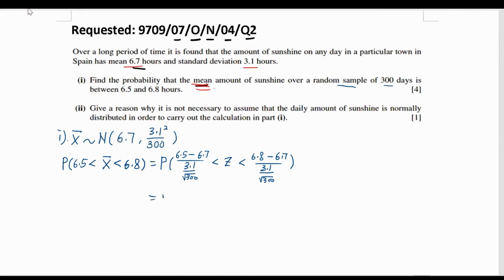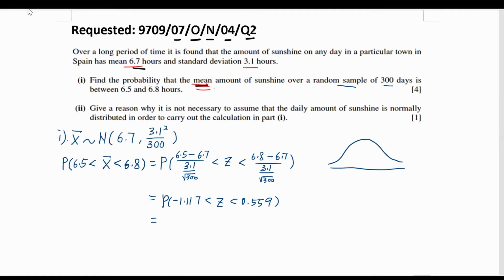Then we can use the calculator to calculate this value up to 3 decimal places, because this is what we can read from the normal distribution table. So we get negative 1.117, and the other value is 0.559. All right, so we can check on a bell-shaped curve.